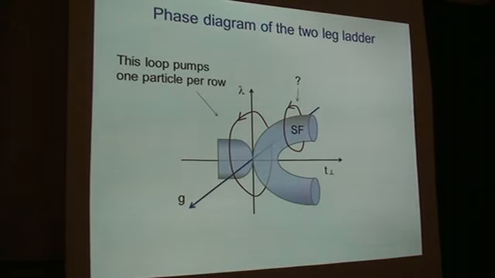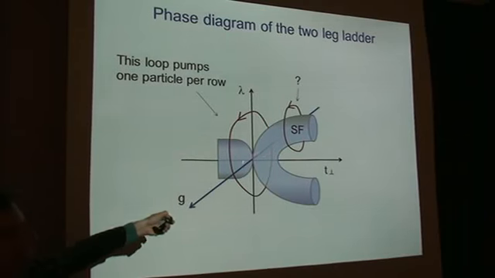So if 2 loops are equivalent to 1 loop, and this loop pumps 2 charges, because you have 2 chains, then this loop must pump one of them, and the other loop pumps the other one, because there is a symmetry between lambda and minus lambda. And another way to say it and derive this is the pumped charge by this loop can be written as a Chern number, and this Chern number looks like an integral over some flux that goes through these gapless phases.